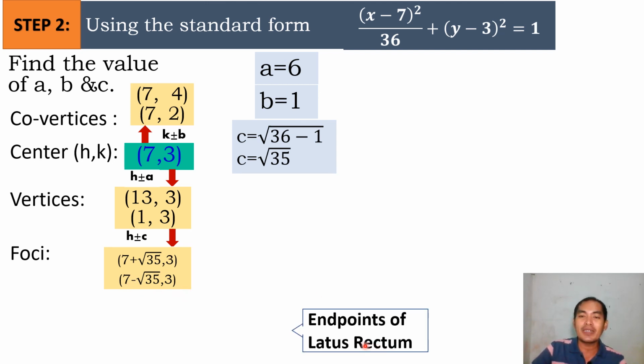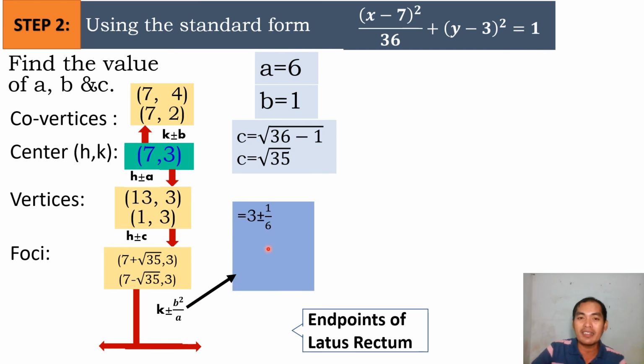Then for the endpoints of the latus rectum, sa x naman ang kukopyahin natin, dalawang 7 plus or minus the square root of 35. At yung sa k, we have k plus or minus b squared over a. We have here the computation, 3 for the center y value, and then 1 is the square of b over a, which is 6.